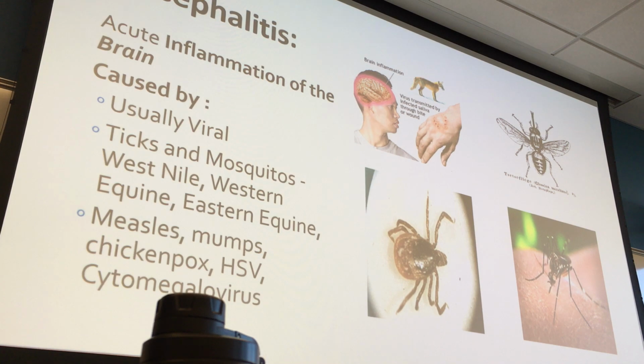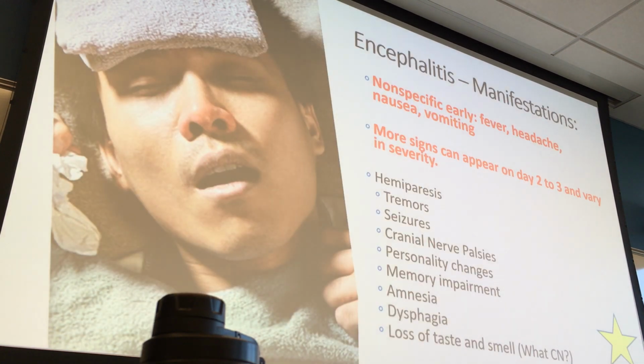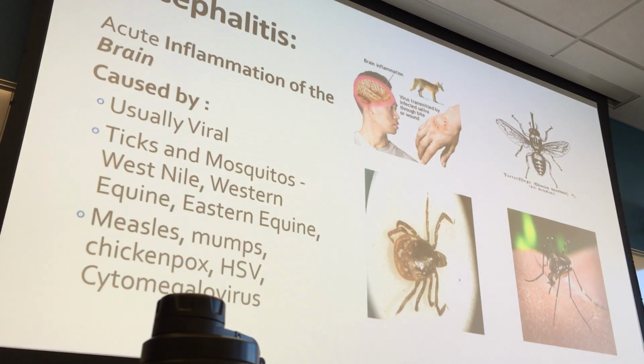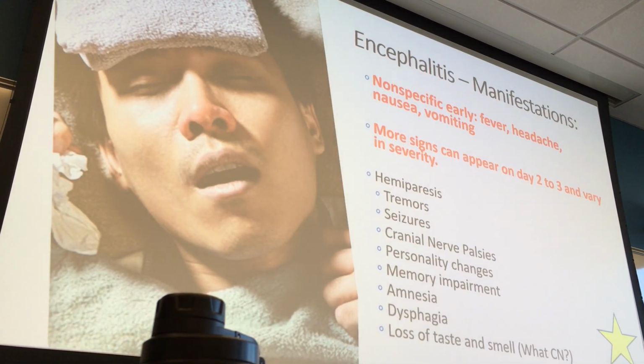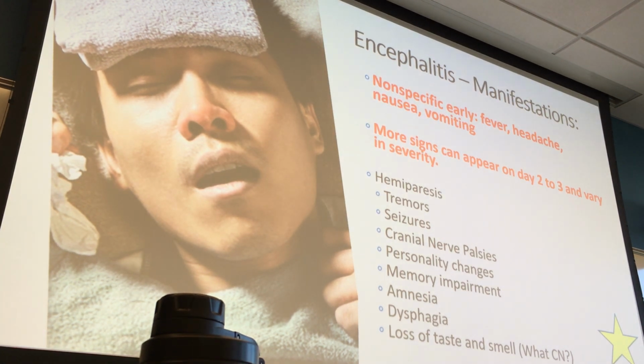Okay, so that's what encephalitis is. By the way, it's caused by measles, mumps, chickenpox, HSV, and cytomegalovirus. That's important to know. These are your manifestations. They can be very, very non-specific. They could just feel like they have a cold: fever, headache, nausea, vomiting.